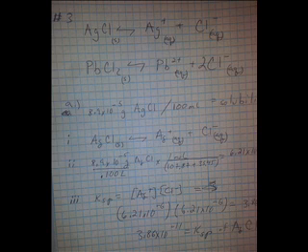Since in part II we found out that the molar solubility was 6.21 × 10^-6 moles per liter of silver chloride, that would give us the same number of moles per liter of silver and chloride.